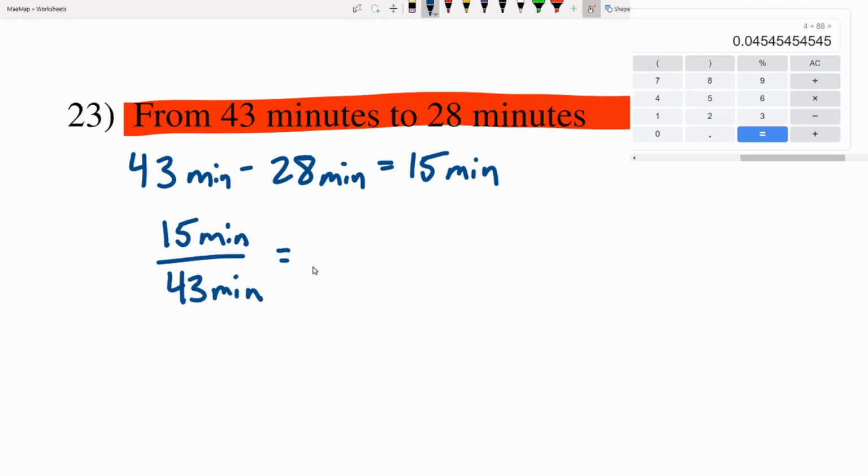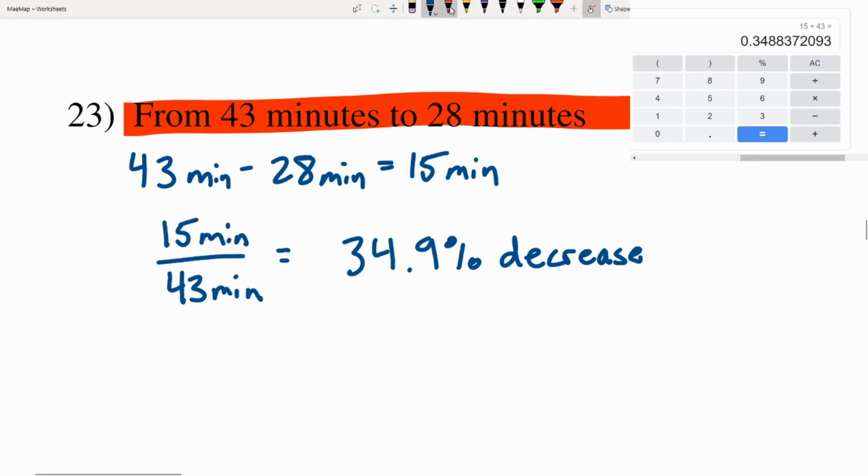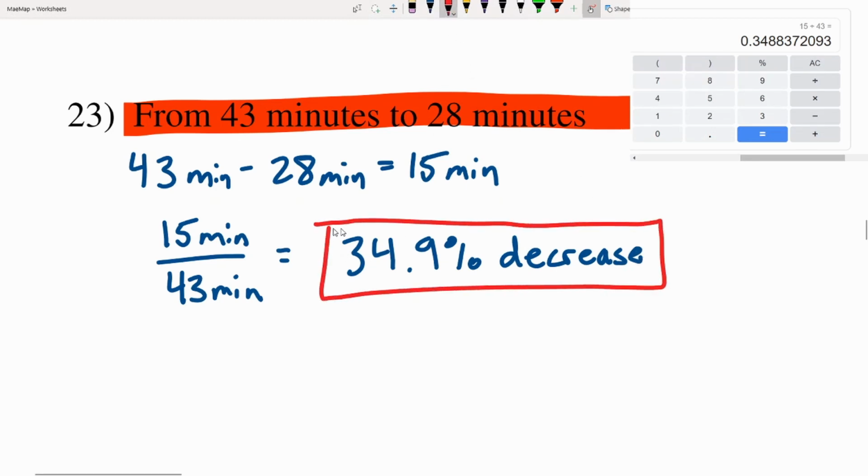That's going to give me my percent change. So 15 divided by 43 is going to be 34.9% after rounding. And again, that's a 34.9% decrease for number 23.